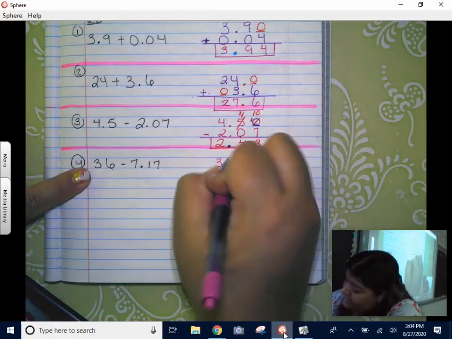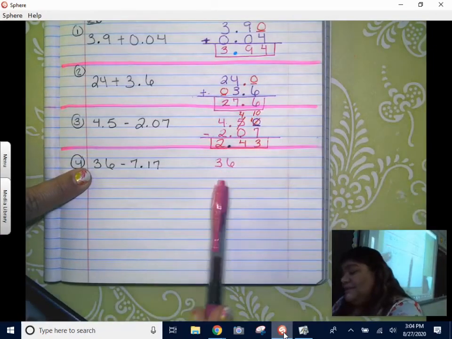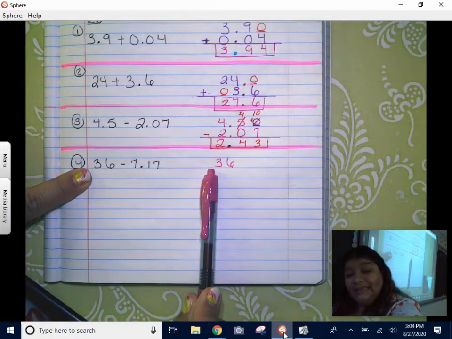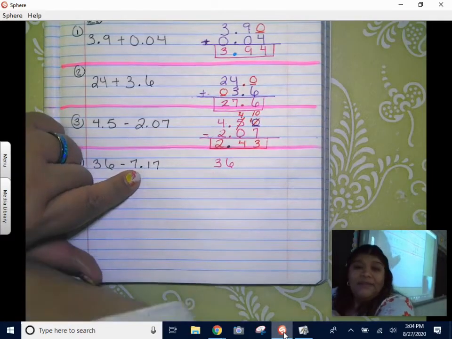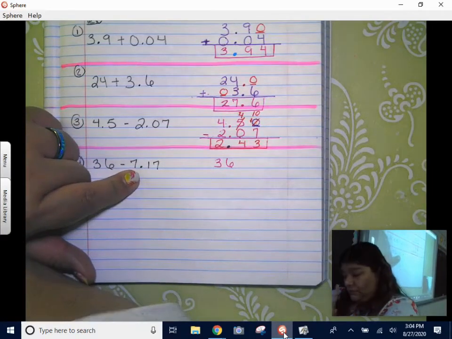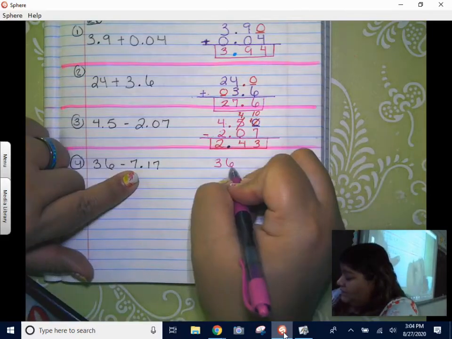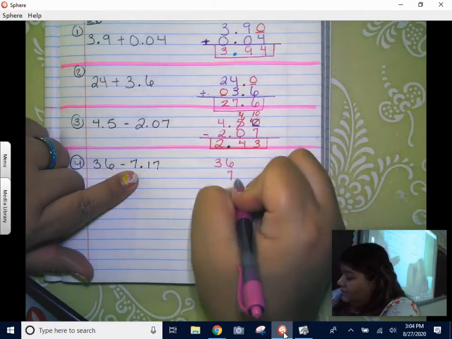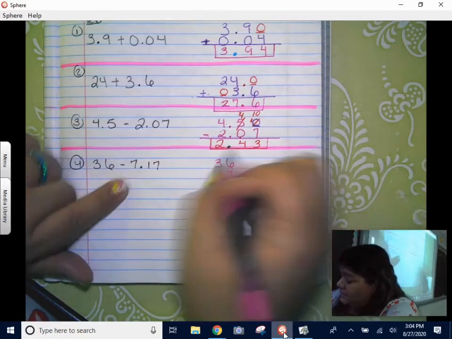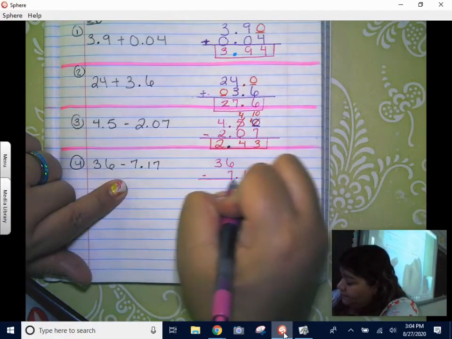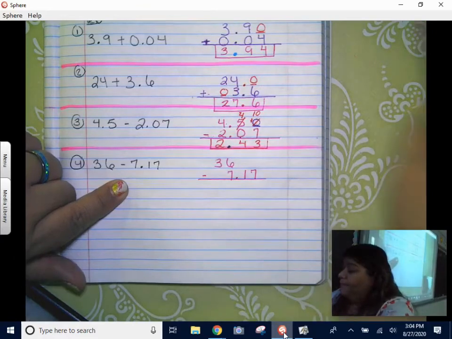That is a 36. Know your place values. Know that this 6 is in the ones and the 3 is in the tens. That's going to help you where to put this 7. That 7 is in what place value? Good. So it goes underneath the 6. So that goes right there, the ones place. There's the tenths and the hundredths. And we are subtracting. Okay.